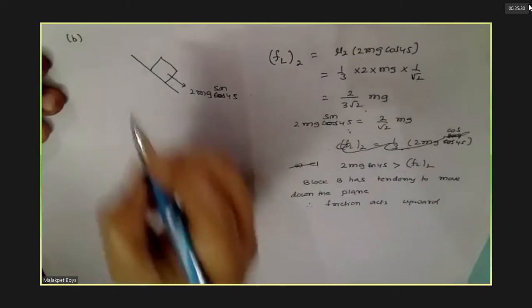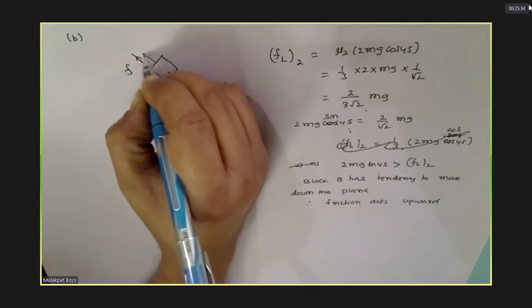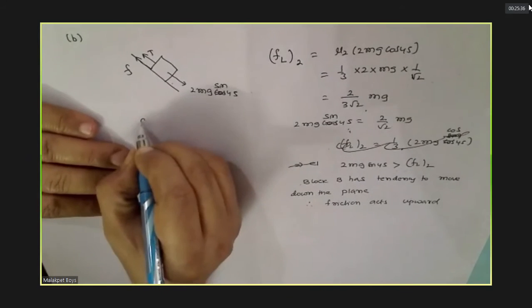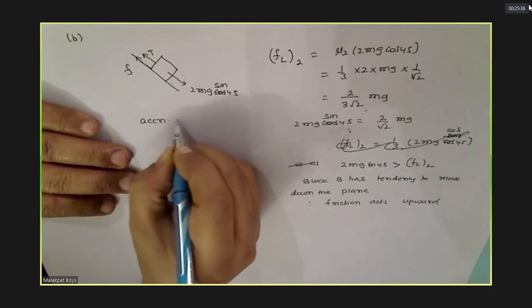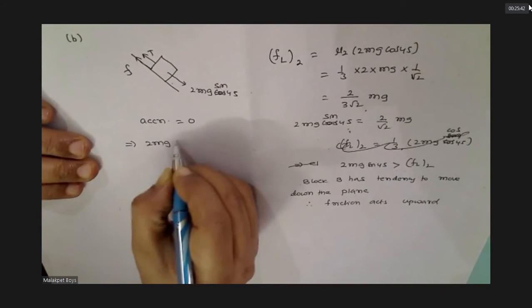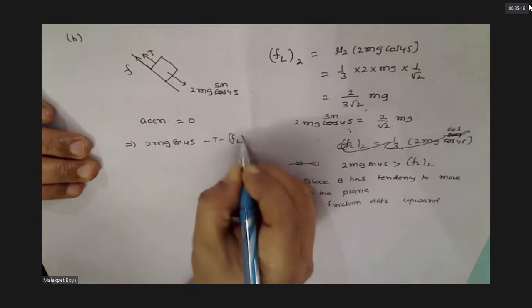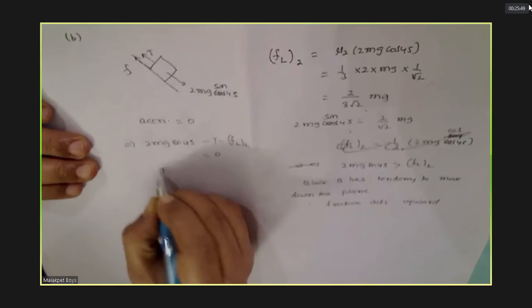Because it has a tendency to move, the frictional force will be what? Limiting friction. So this is the frictional force, this is the tension. Acceleration is zero, no? Yes, sir. So you will get tension.